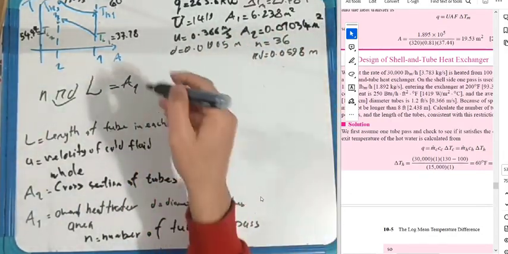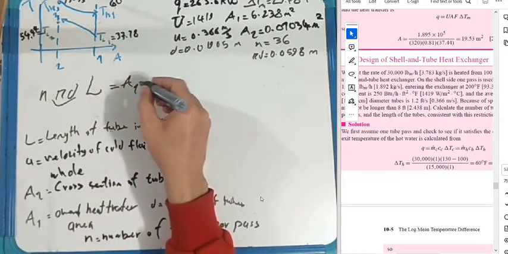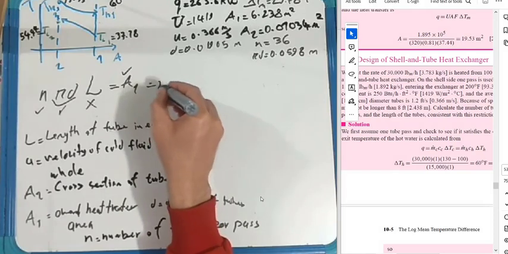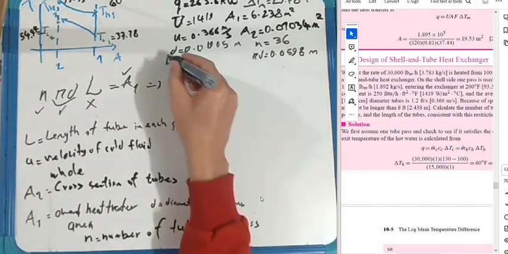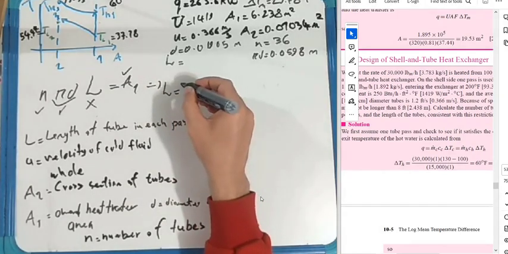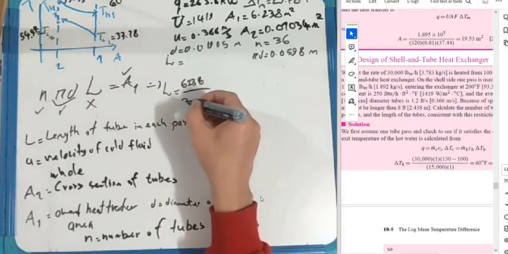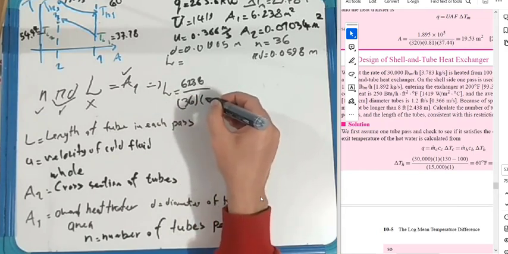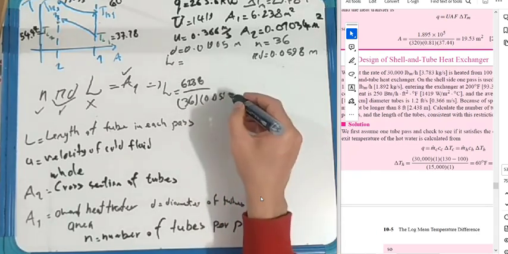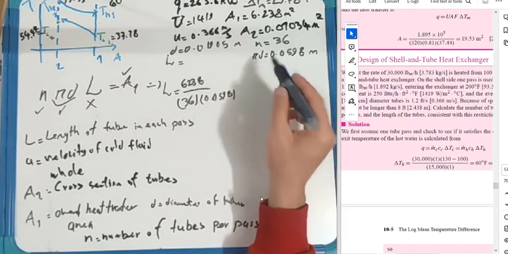Am I right? It will be equal to overall heat transfer coefficient times heat transfer area. Then I have this one, I don't have this one, I have this one, and I can actually calculate that one. 6 to 38 divided by 36 multiplied by 59.8, which was PD.